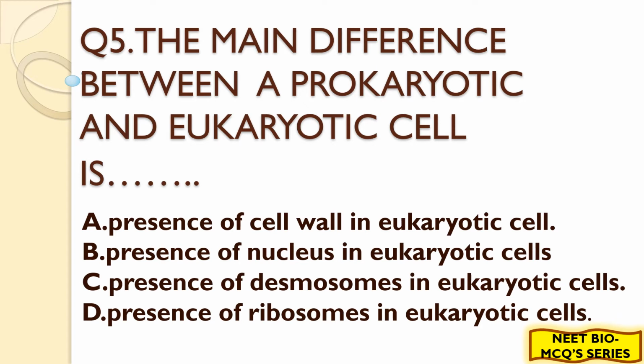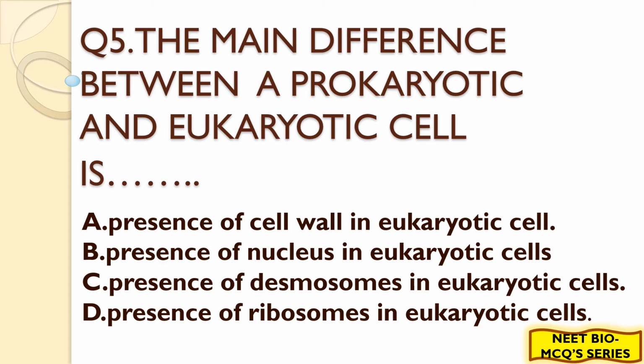Question 5. The main difference between a prokaryotic cell and a eukaryotic cell is: karyon means nucleus, pro means before nucleus, eu means with nucleus. If you understand the meaning of the words prokaryotic and eukaryotic, you know the answer.